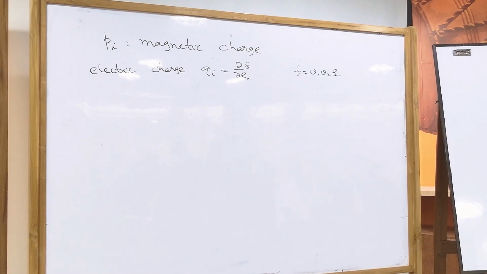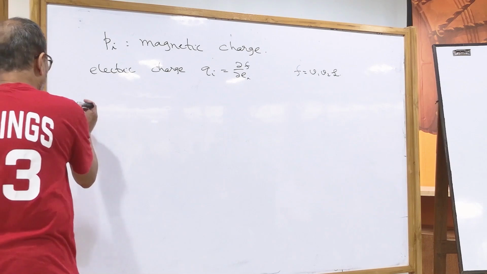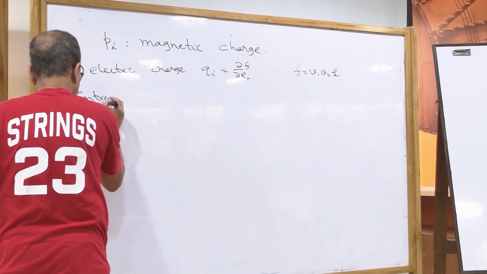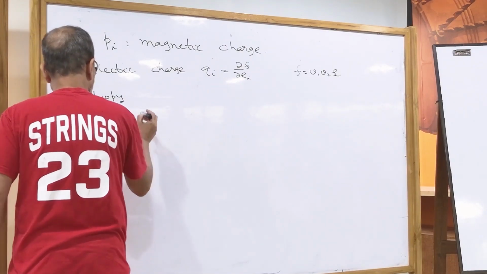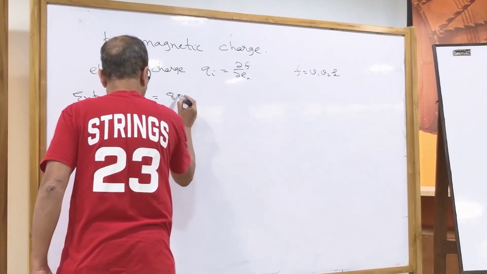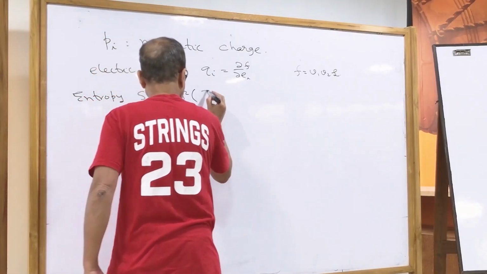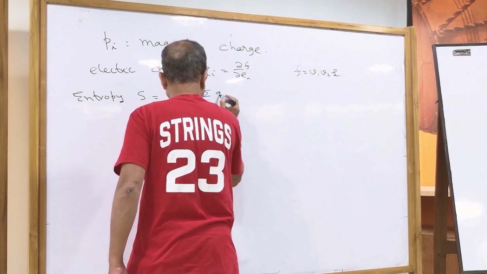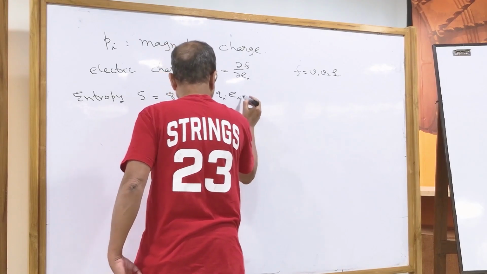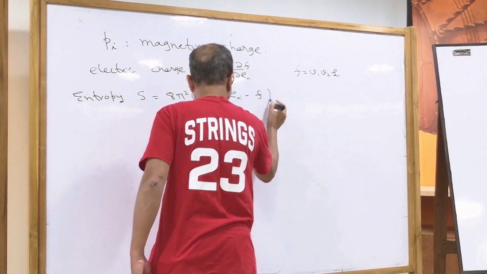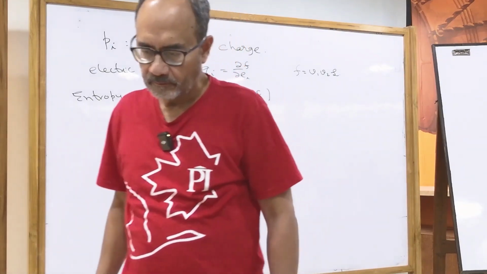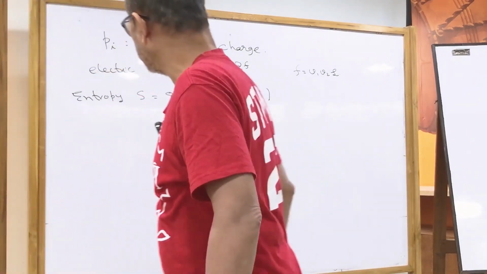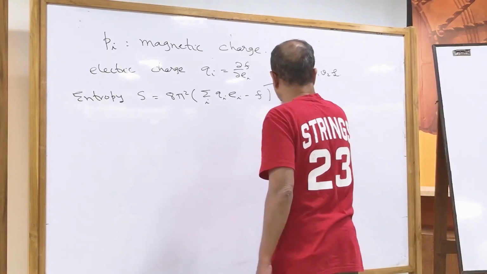And finally, I will state a result which maybe I will try to derive in the next class, and that is the most important result: the entropy S is given by 8 pi squared times, okay, with F being given by this.